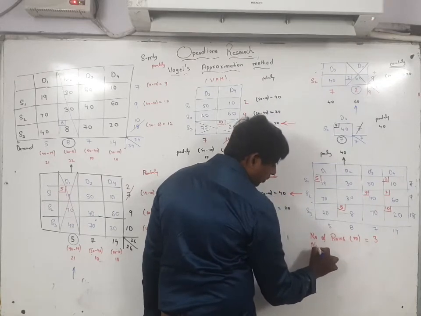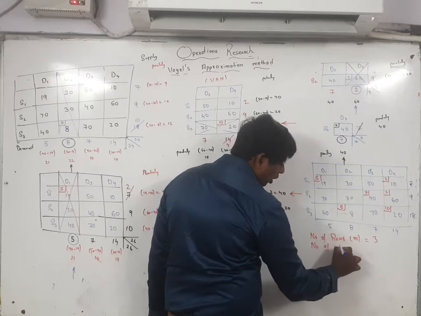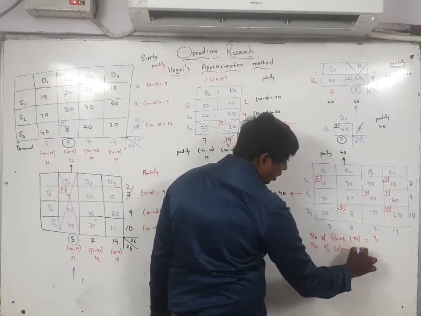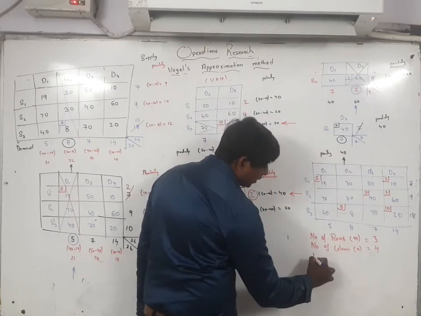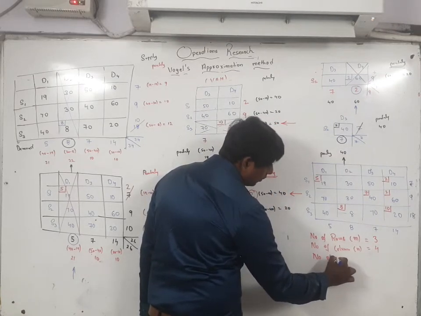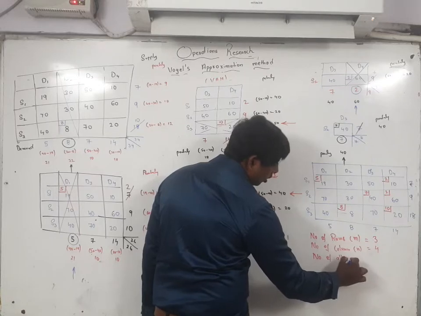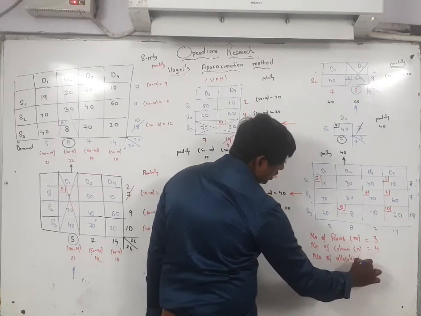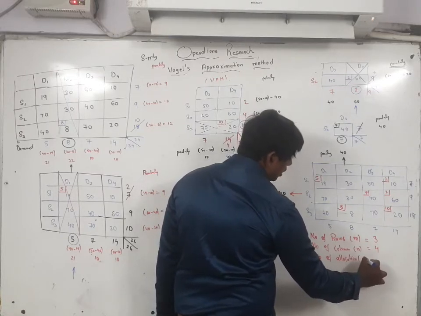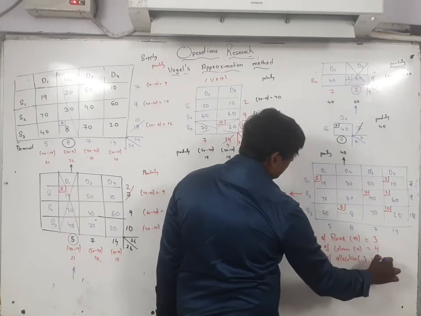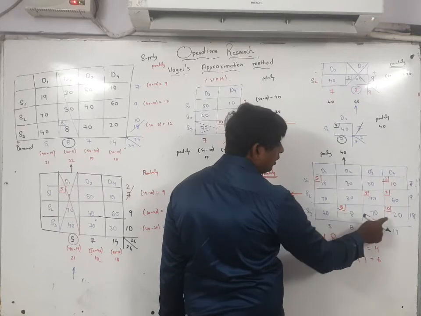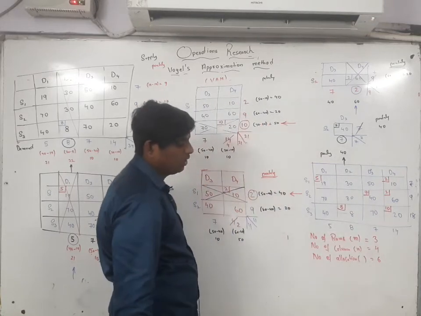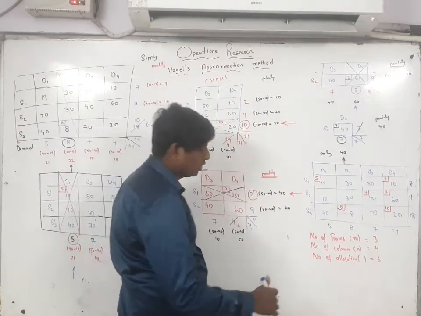Then number of columns, how many columns are there? 4 columns are there. Next one is the number of allocations. How many are there? 6. 1, 2, 3, 4, 5, 6. Number of allocations is 6.